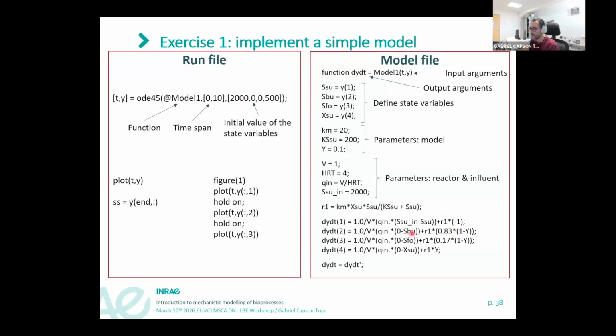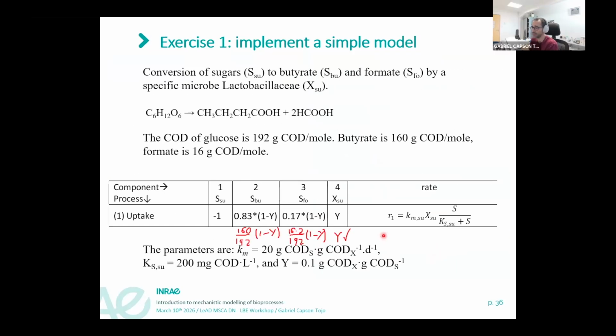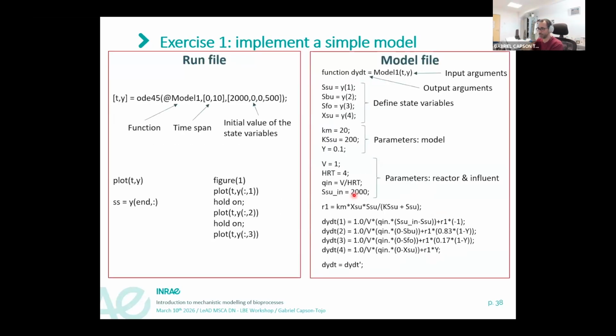For butyrate, it was 0.83 multiplied by 1 minus Y. For formate, 0.17 multiplied by 1 minus Y. And for biomass, it is the rate multiplied by Y. It's exactly the values that we have here. So R1 multiplied by each of these factors is the reaction term for each of the respective state variables.